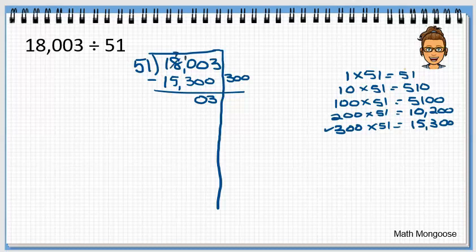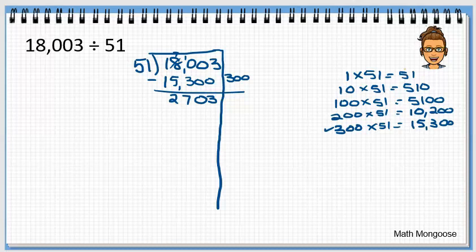That leaves 7. Put 10. 10 take away 3 is 7. 7 take away 5 is 2. And 1 take away 1 is 0. And we're going to leave that alone. So now we have 2,703.